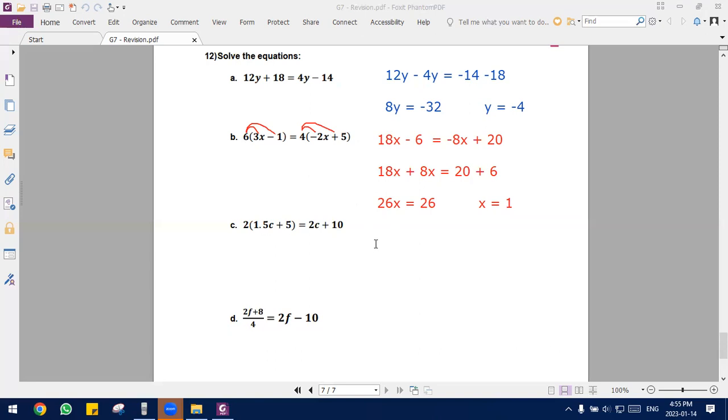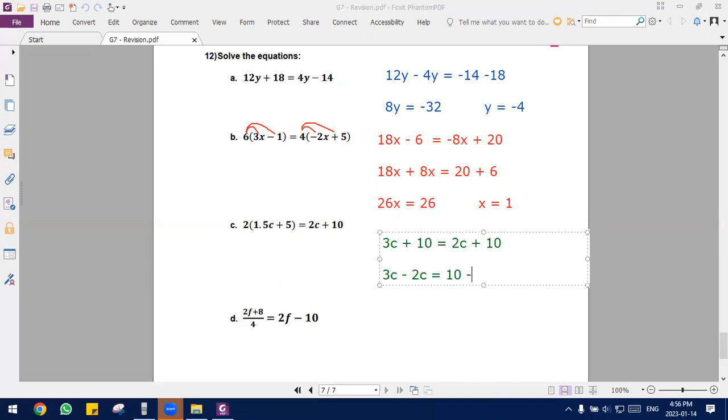Now for question C, again, we need to expand the bracket. 2 times 1.5 is 3, and then we have C. 2 times 5 is 10. On the right hand side, I have 2C plus 10. Now bring C to the left side. 3C minus 2C equal to 10.